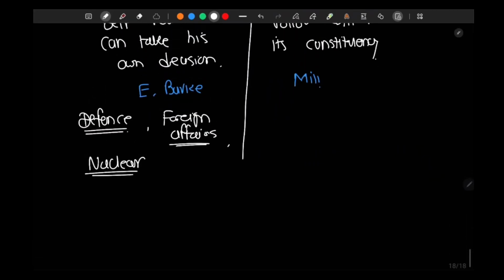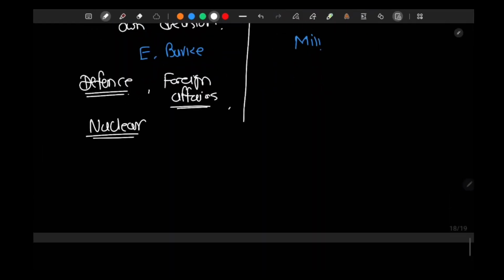I will explain the difference between trustee model and delegate model with an example of nuclear power. Nuclear power, let's say, on banks of Ganga river. So I am an MP from Varanasi district, not Varanasi. I will get bashed for it. Another city on banks of Ganga, let's say Agra.